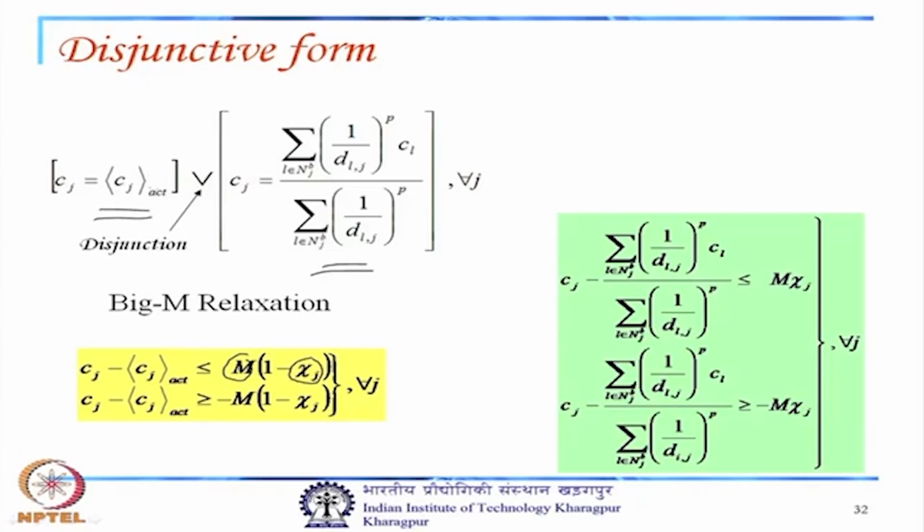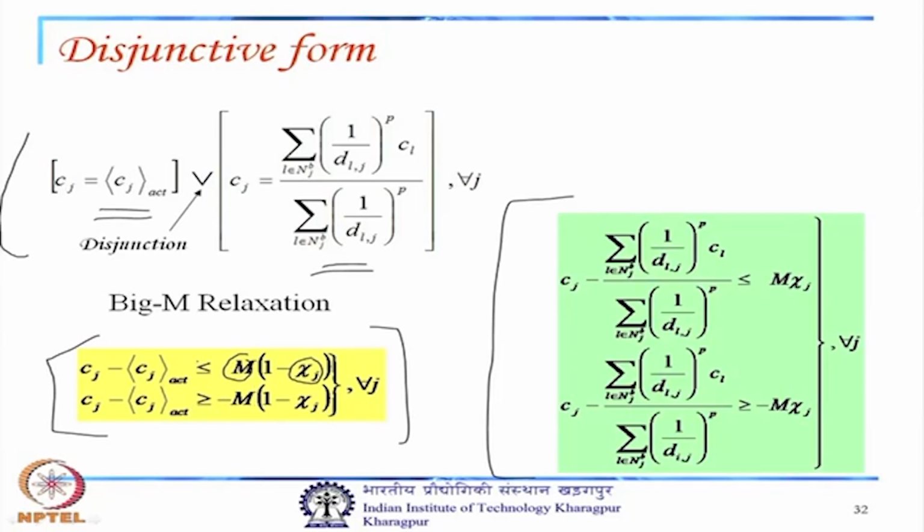For this particular form of constraints, we can get two sets of constraints. If it is monitored, then chi equals 1, and one expression is less than or equal to 0 and the other is greater than or equal to 0.